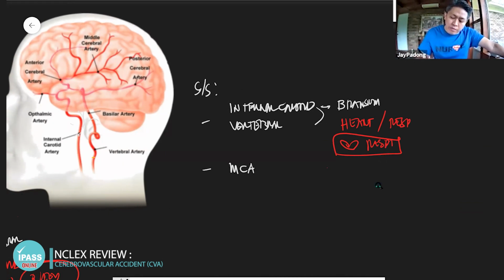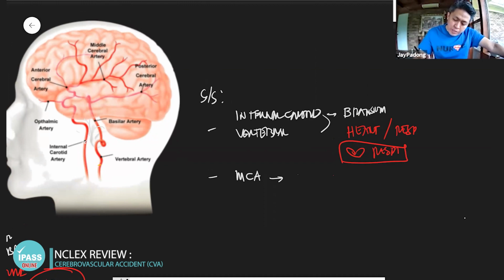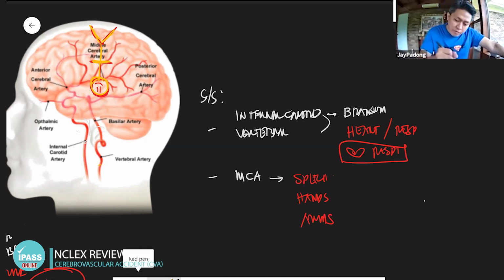Your middle cerebral artery, it affects your what? Symptoms are usually about speech as well as hands and arms. I'm going to make a drawing here. This is your MCA. This is a face, an inverted person with the legs. In your MCA, the head is being illustrated there. So speech and hands affects this particular portion up to here, because the blood supply covers this portion.